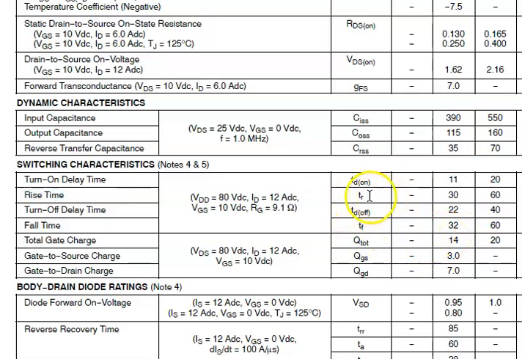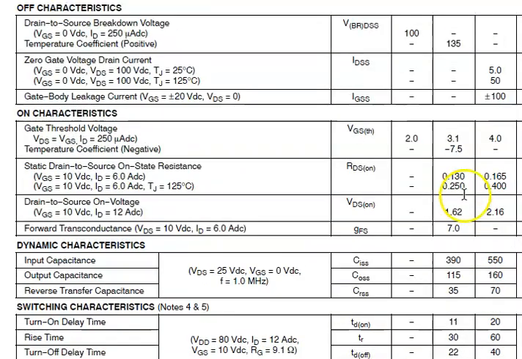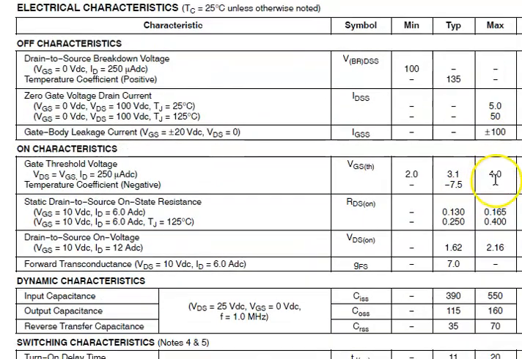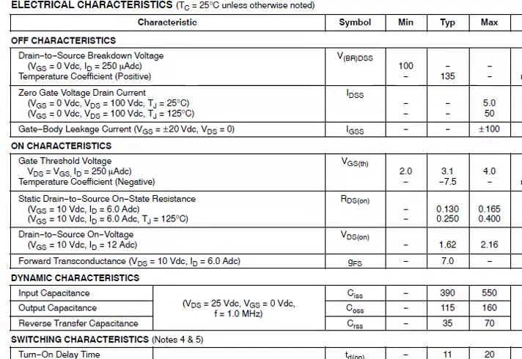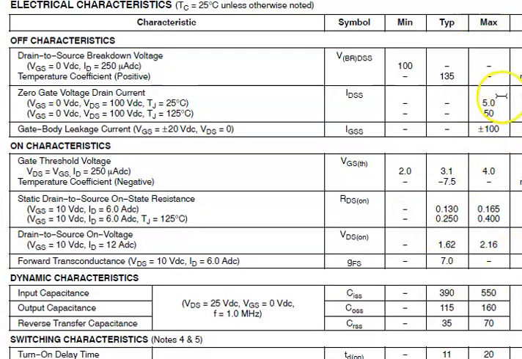So this is the on time element, and this is TD off and T fall. So these need to be included in our calculation to find the switching losses plus conduction losses of the certain device that we are applying in our circuit.